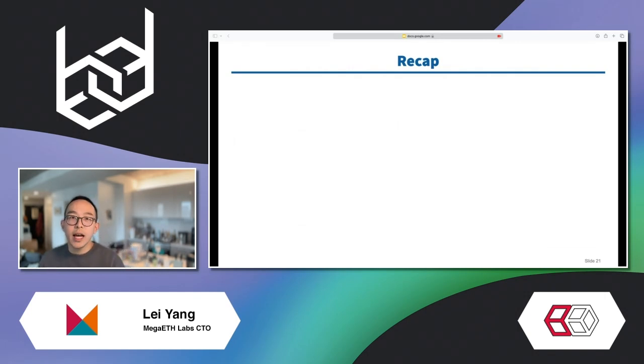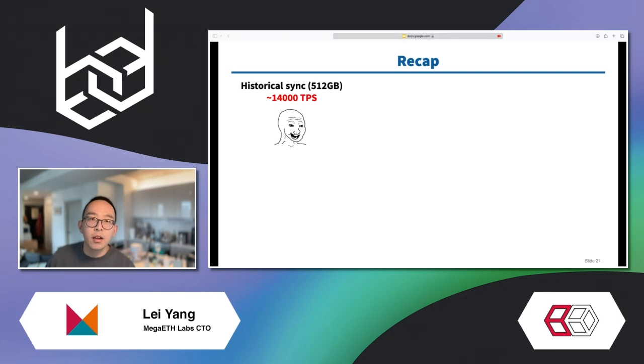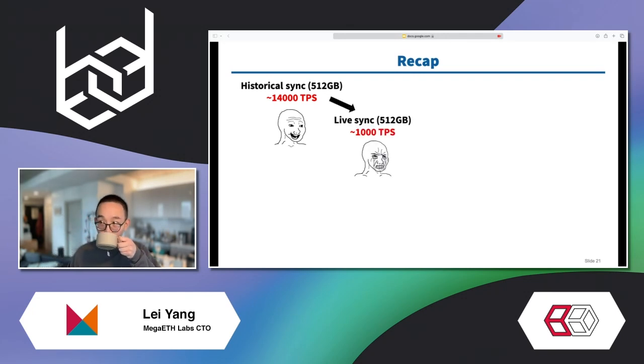Now let's do a quick recap of our journey before we conclude part 1. We started with a nice and juicy 14,000 transactions per second with historical sync. We added merkleization so that RETH runs in live sync mode, and the throughput drops to 1,000 transactions per second.